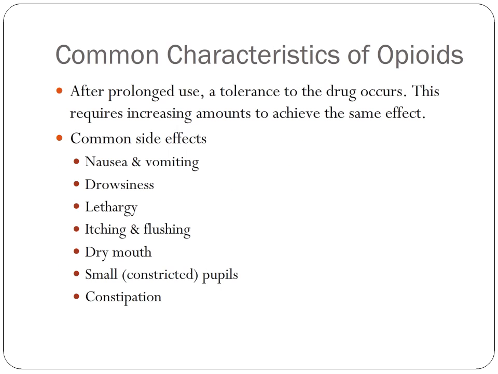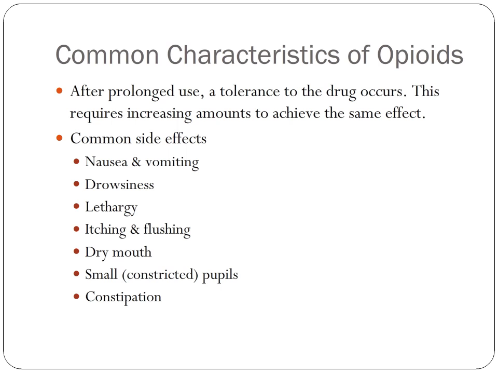So now we'll talk about some common characteristics of opioids. After prolonged use, a tolerance to the drug tends to occur. This requires increasing the amounts to achieve the same effect. This occurs whether the drug is an illegal drug or a prescription drug.